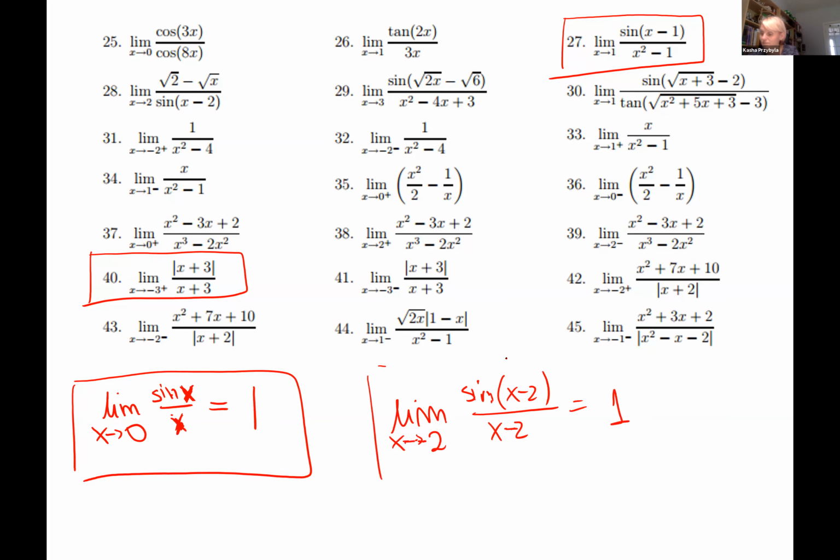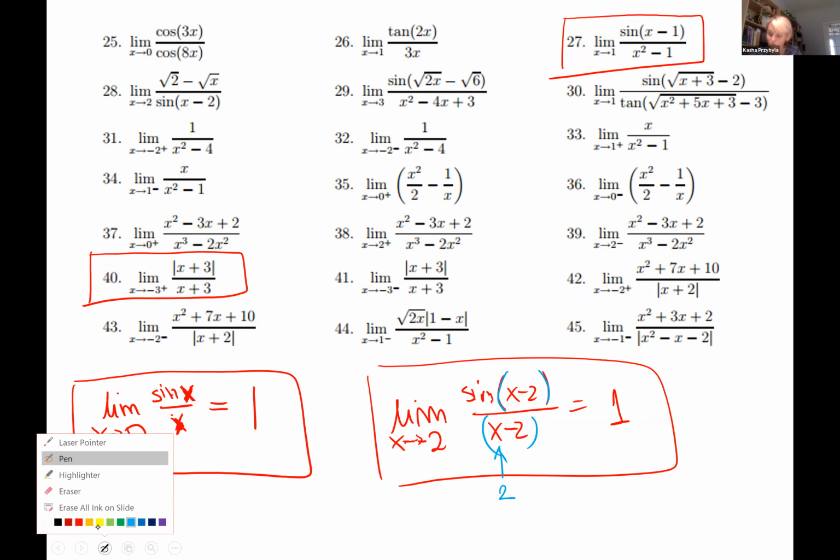That's how we can read this property. This quantity and this one have to be identical and they have to be 0. And they are 0 if x is 2. Now we are also asking this limit.